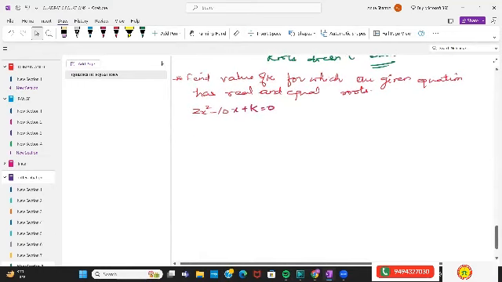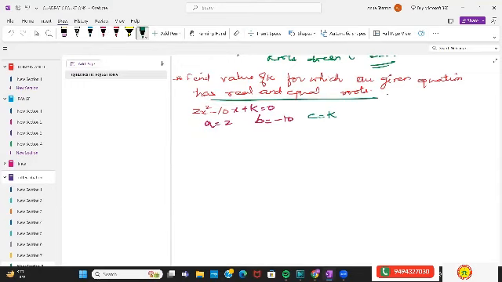First of all, you will write the values of a, b and c. So the value of a will be 2. The value of b will be minus 10 and the value of c will be k. Now you are given the condition real and equal roots.